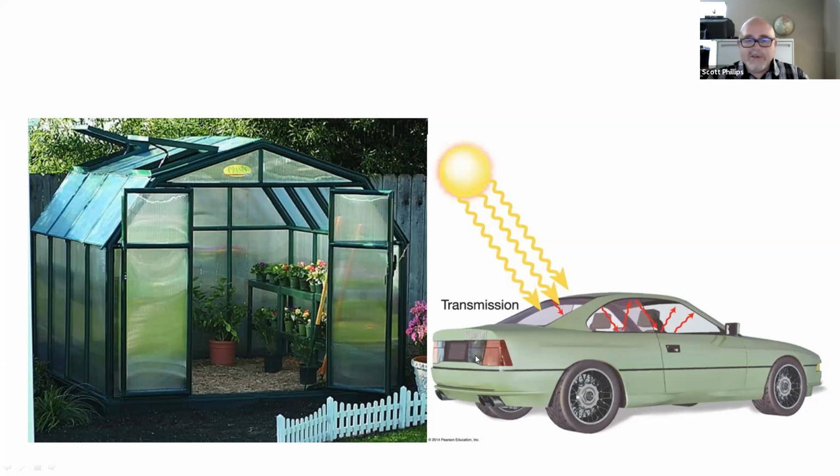Maybe a more familiar situation: if you have all your windows rolled up in a parking lot on a hot day and you don't use a sunshade, your car is going to heat up. The reason is that windows are transparent to visible light because we can see through them. That means visible light from the sun can travel through these windows and warm up the interior of the greenhouse. Likewise, it can warm up the interior of your car.